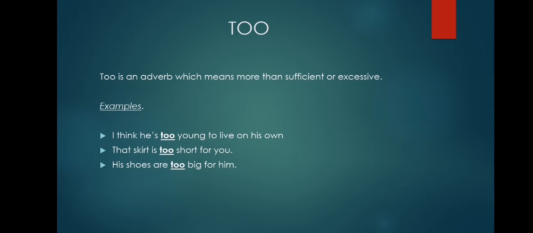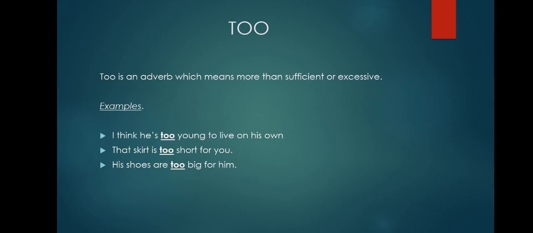I think he's too young to live on his own. Second example, that skirt is too short for you. Third example, his shoes are too big for him. Okay, let's read again the meaning.